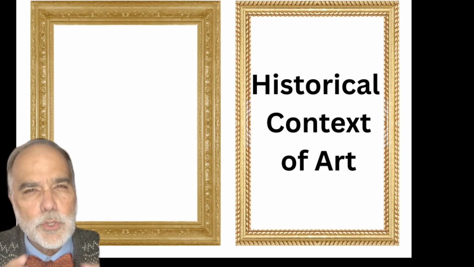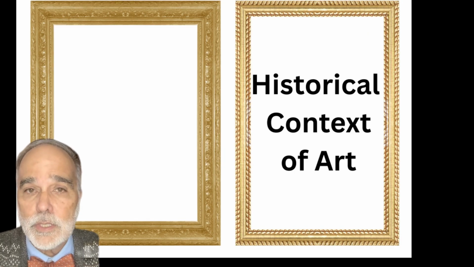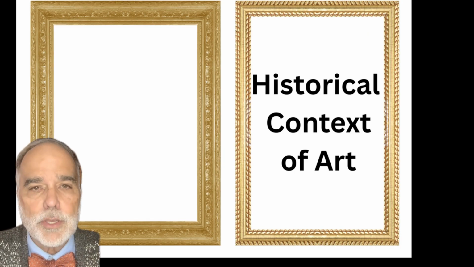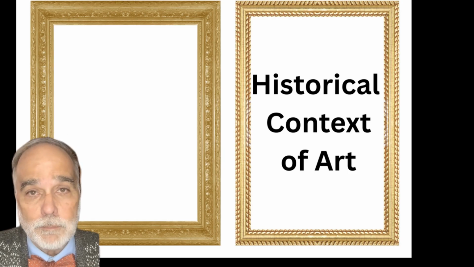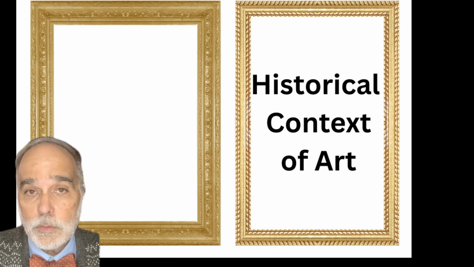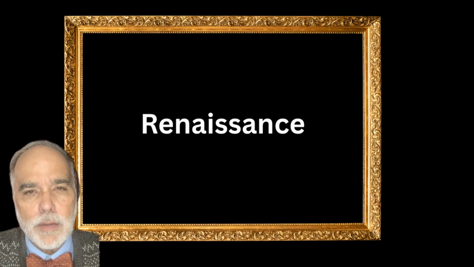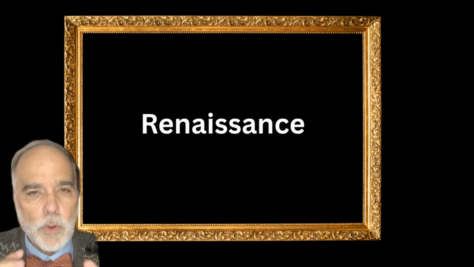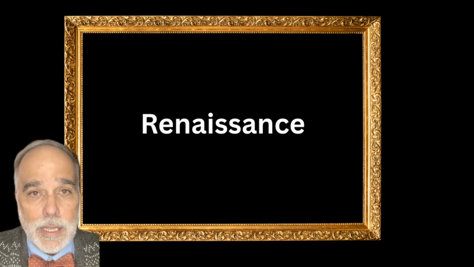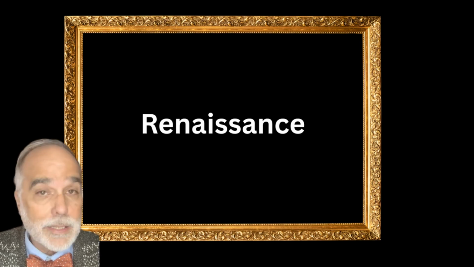Now, let's zoom out, because art doesn't stand still, it evolves. Each movement teaches us to see differently. Not only to see the art differently, but often to see the world differently. The Renaissance rediscovered classical Greek and Roman ideals, and it placed humans back at the center of understanding and expectation.